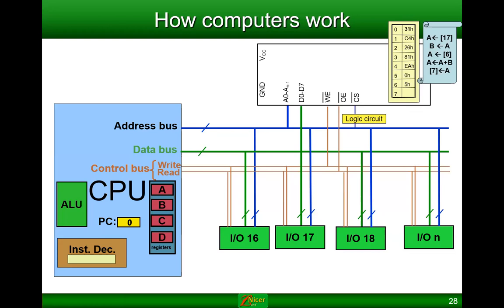It's 31 hex. Hex means it is in hexadecimal form. When we start, the zero will go right above the address bus, and the number 31 will come to the instruction decoder through the data bus line.